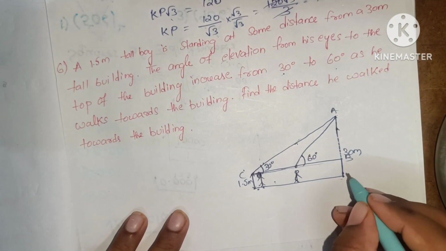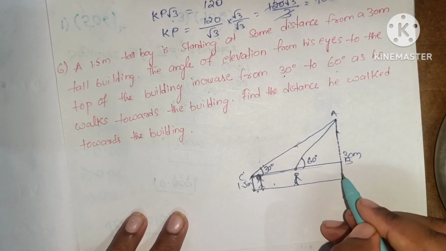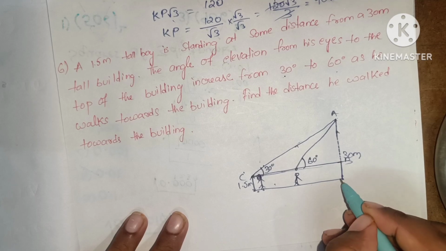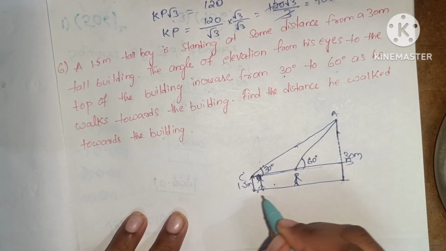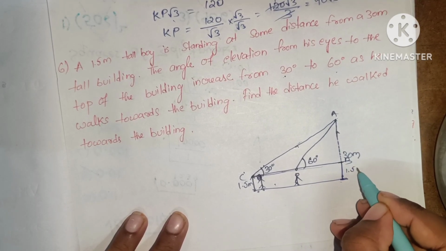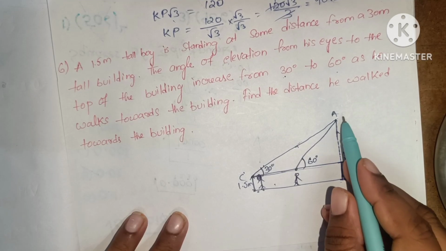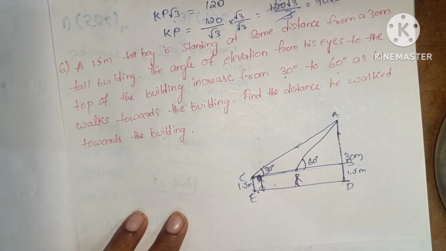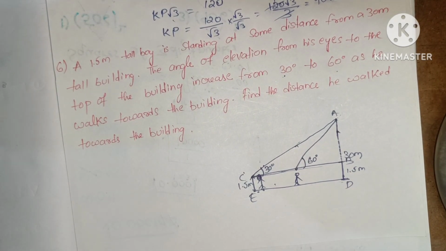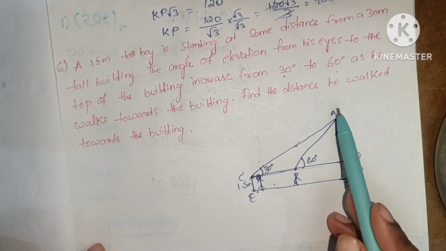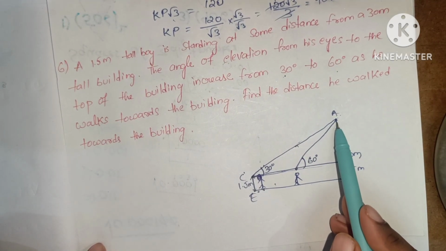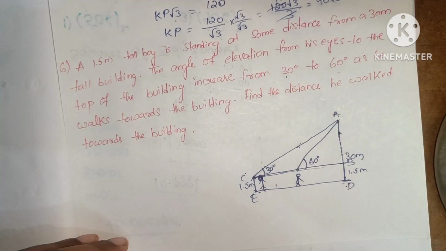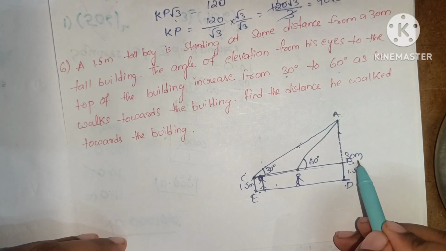From the ground to the top the height is 30 meters. In this 30 meters, from here to here is the person's height. The tall boy's height is 1.5 meters. From here to here, how much? A, B, I kept C here, I kept D here, E here. I wrote D, E here. The height of the tall building was 30 meters.